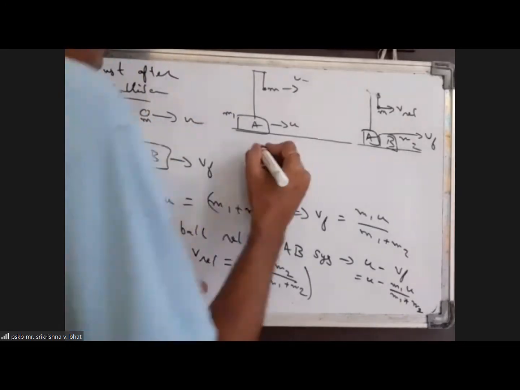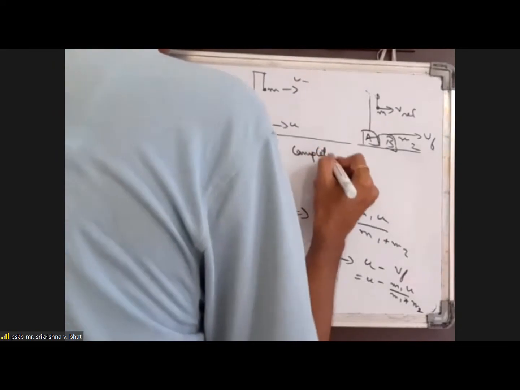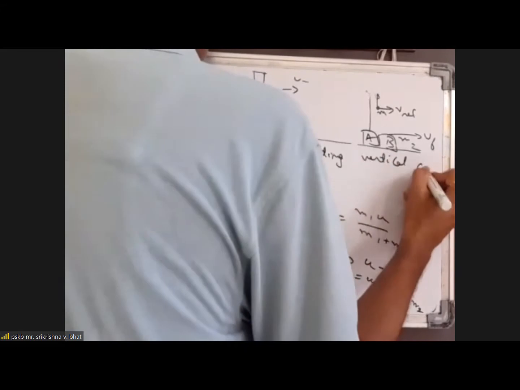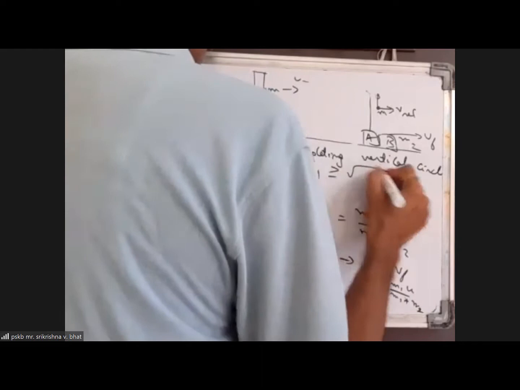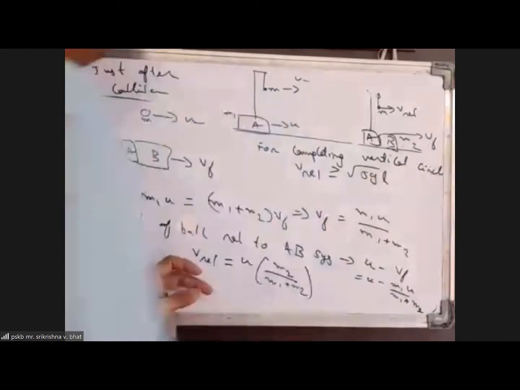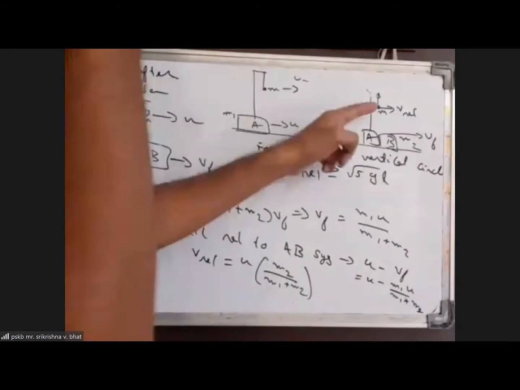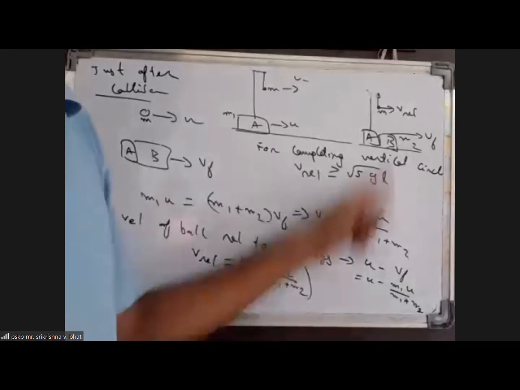So for completing the vertical circle, the condition should be that v relative should be greater than or equal to root 5 gL. V relative means the velocity of the ball relative to the point of suspension. That should be root 5 gL at the lowest position.